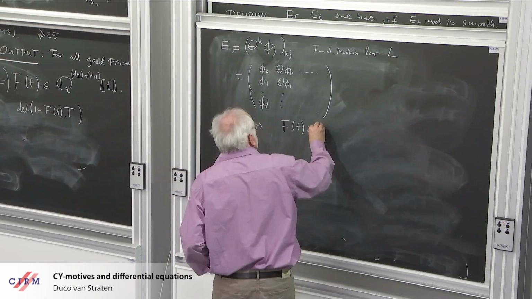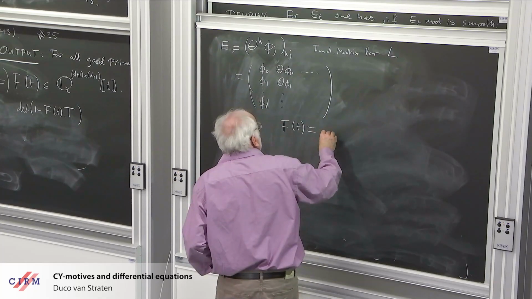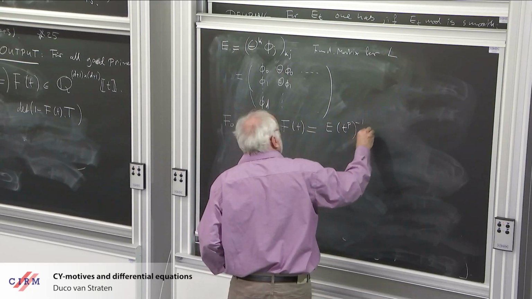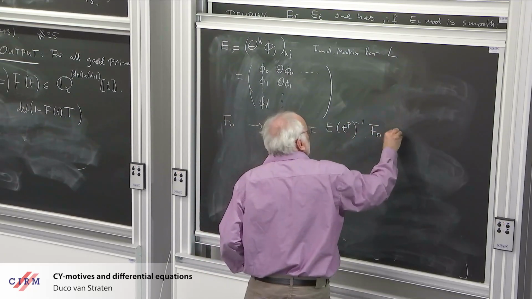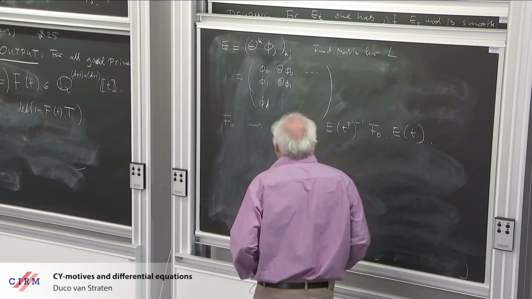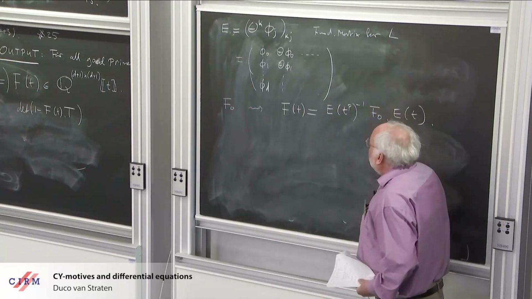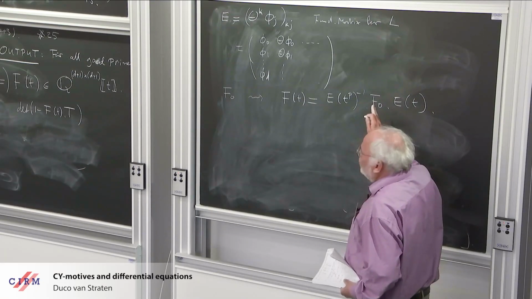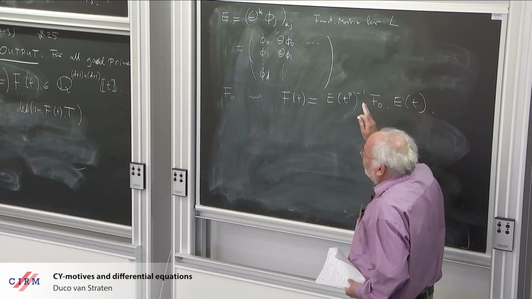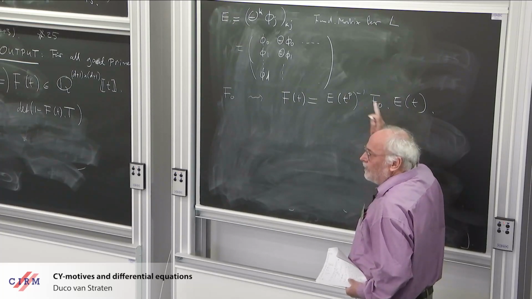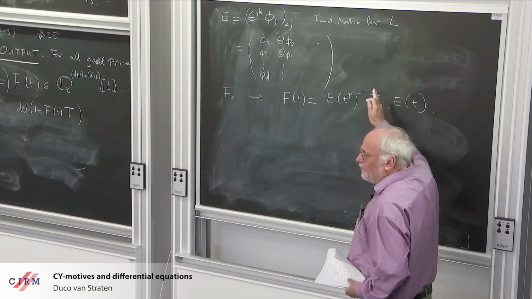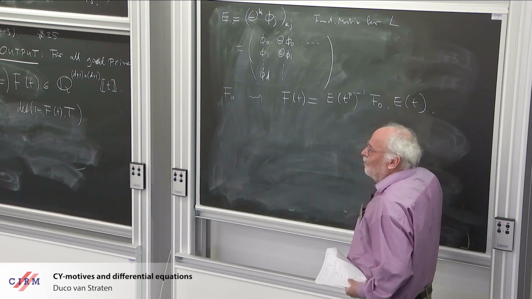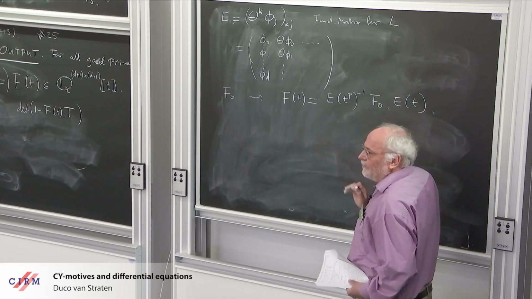So this was the discovery by Dwork: if you know the Frobenius matrix at one point, the differential equation tells you what it will be at another point.